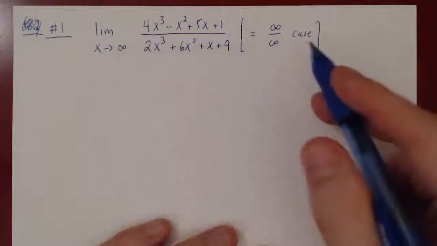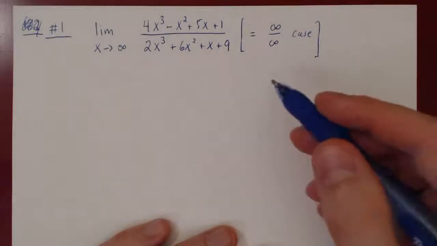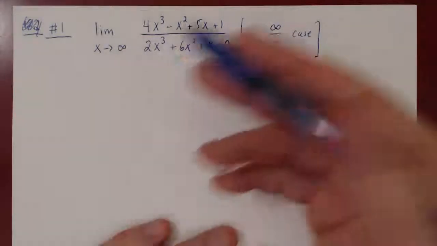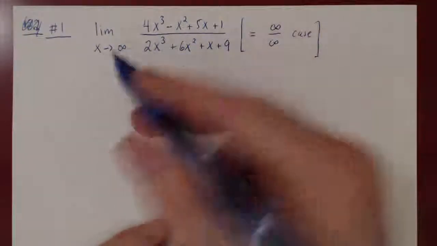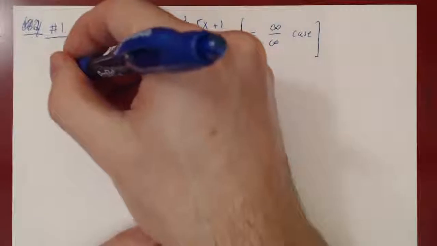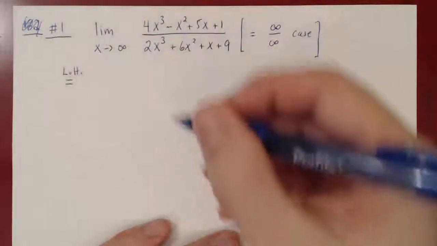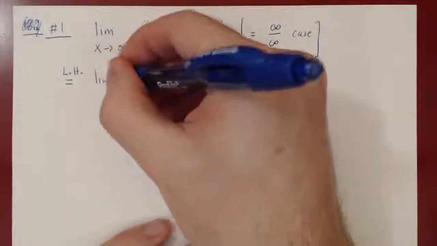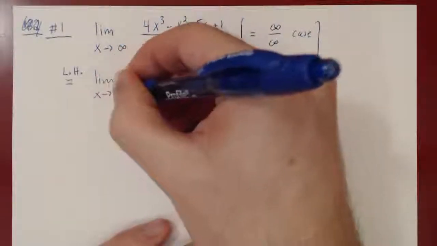So on the surface here, we can use L'Hopital's rule. So let's here just apply L'Hopital's rule without too much thinking. Infinity over infinity case, we can use L'Hopital's rule. The limit stays the same, x still approaches infinity.